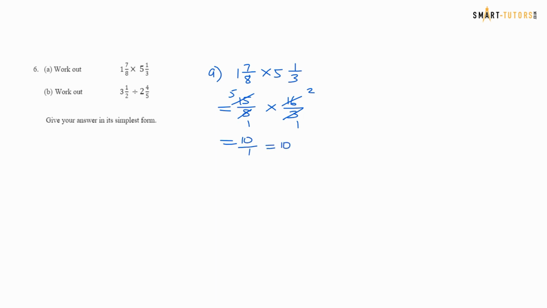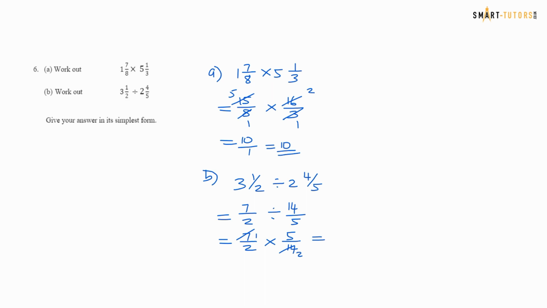Answer is 10. B part, 3.5 divided by 2 4 upon 5. So 3.5 is 7 upon 2, divided by 5 times 2 is 10, 10 plus 4 is 14 upon 5. 7 upon 2 times 5 upon 14. 7 goes into 7, 7 goes into 14.